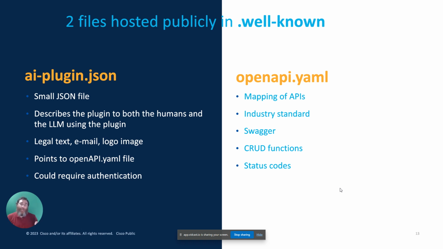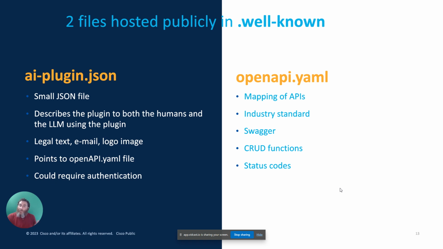It's a mapping of our Crosswork APIs in this case back to a proxy server that lets the plugin get the JSON data from the APIs. This is an industry standard, and it supports all CRUD, create, read, update, delete functions. So we can do anything.